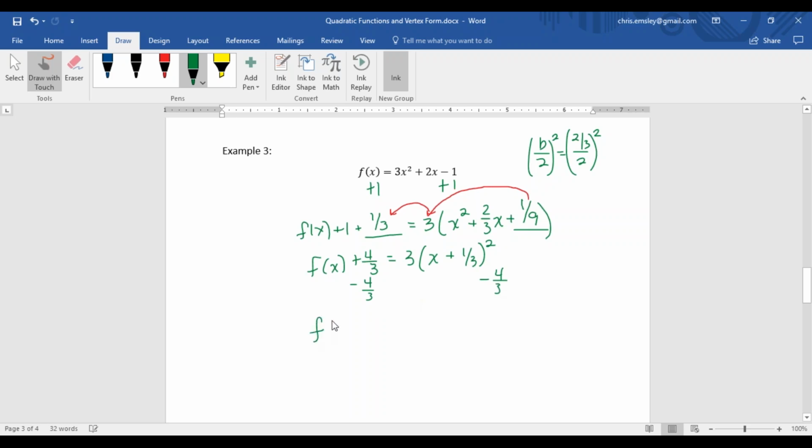And our vertex form is 3 times x plus 1/3, quantity squared, minus 4/3. Our vertex in this case, opposite sign, same sign. Point negative 1/3, negative 4/3.